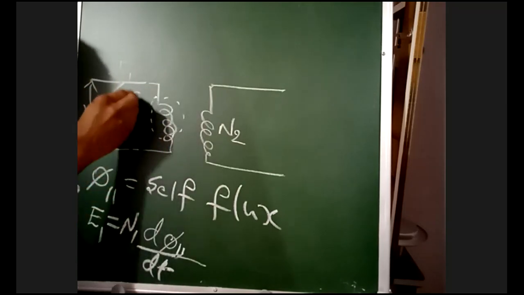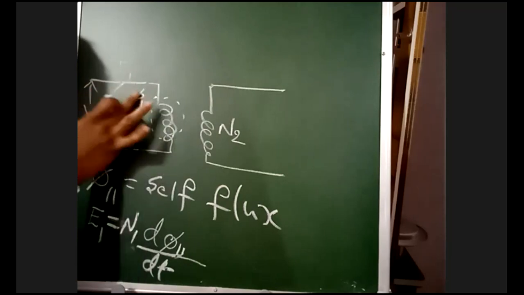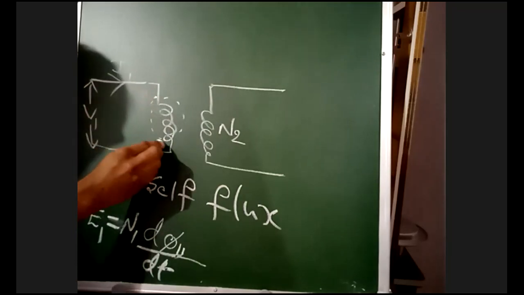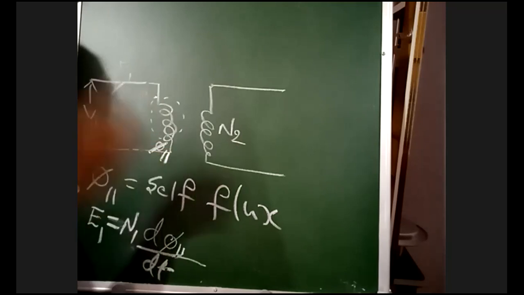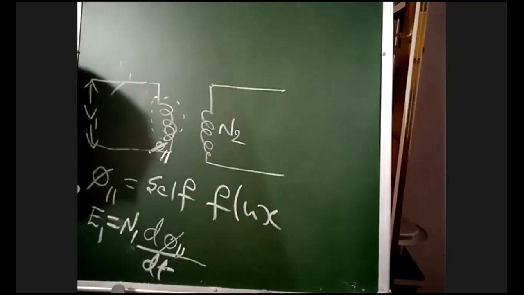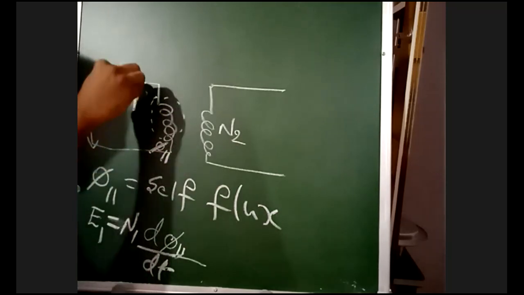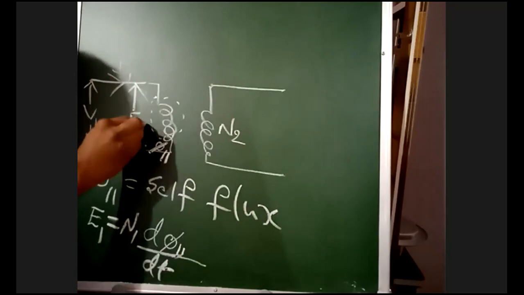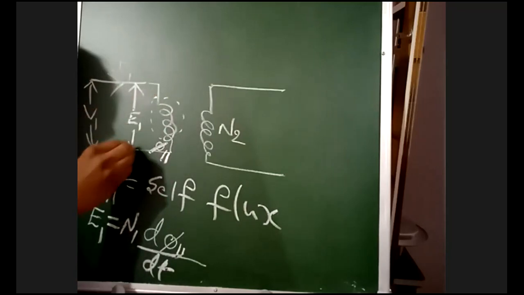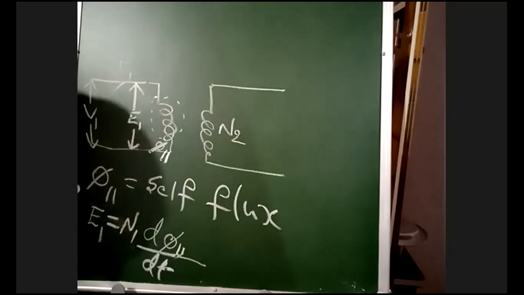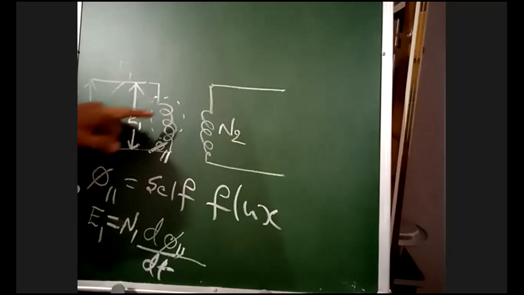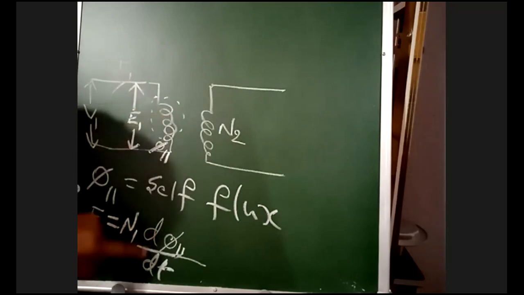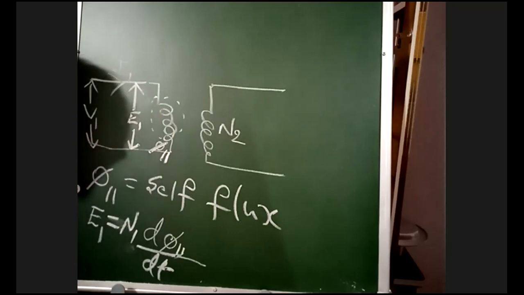Phi11 is the flux in the first coil. The voltage induced in the first coil is E1, and it is N1 into d phi11 by dt.